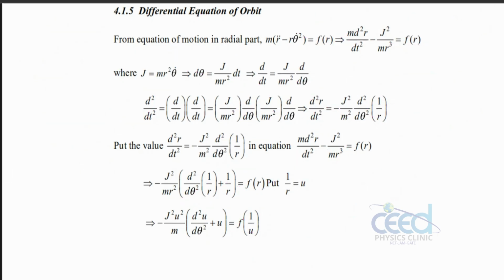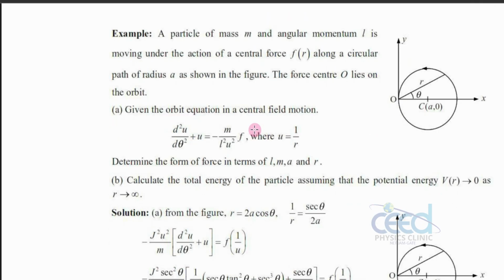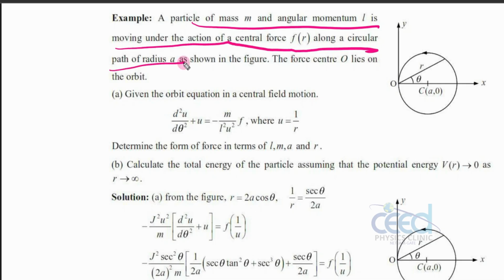So that is this equation, minus j square u square by m, d square u by d theta square plus u equal to f of 1 by u. All right. Now let us see one question. See here, a particle of mass m, angular momentum L, is moving under the action of a central force F of r along a circular path of radius a as shown in the figure.